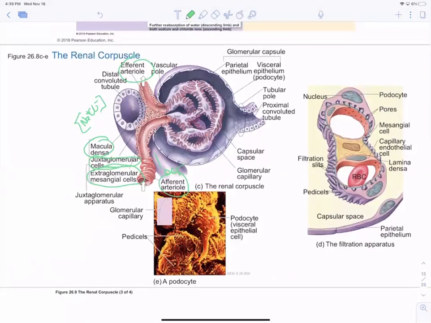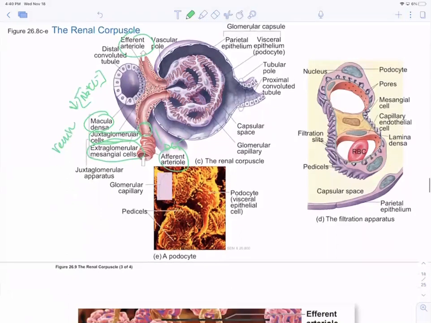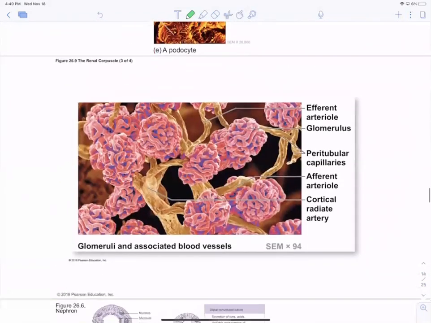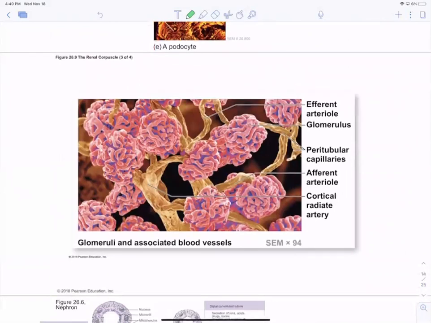This is where renin is being produced and released. And if it's sensing that the sodium chloride concentration is too low, it will cause vasoconstriction of the afferent arteriole and slow down the urine filtrate. So there's a lot going on in this area. These are what the beautiful glomeruli look like.